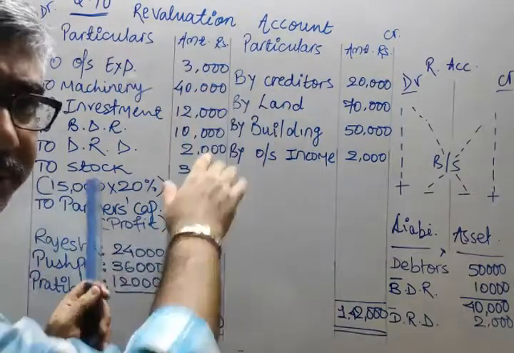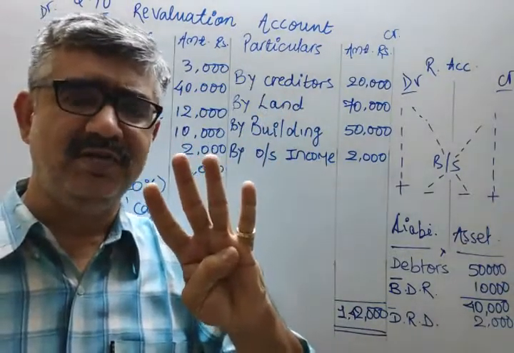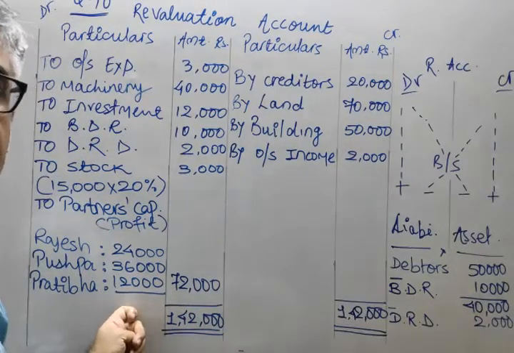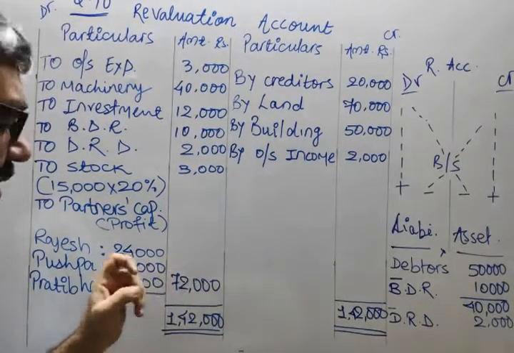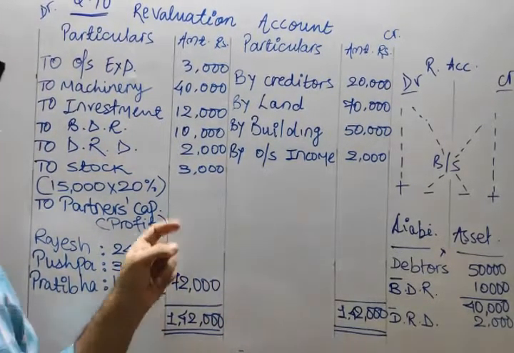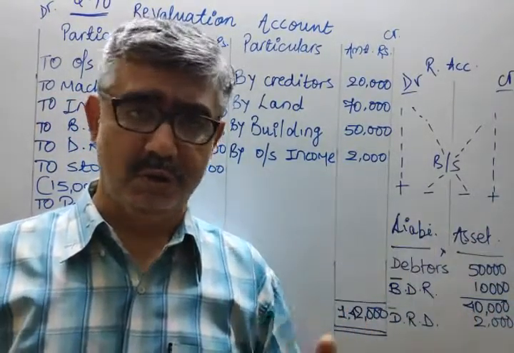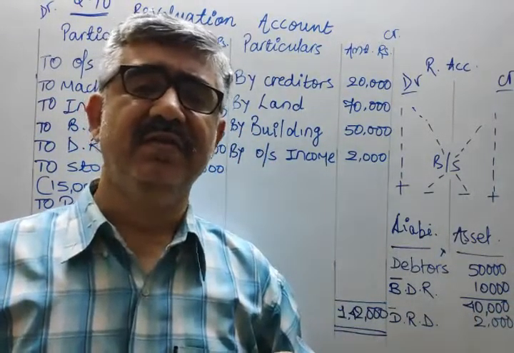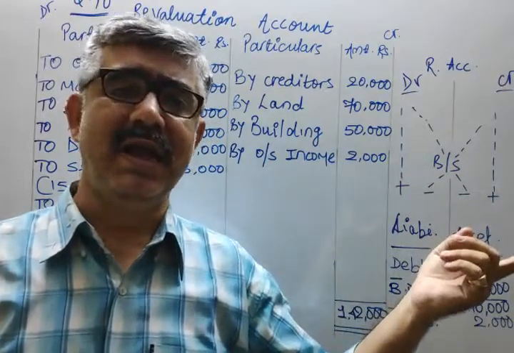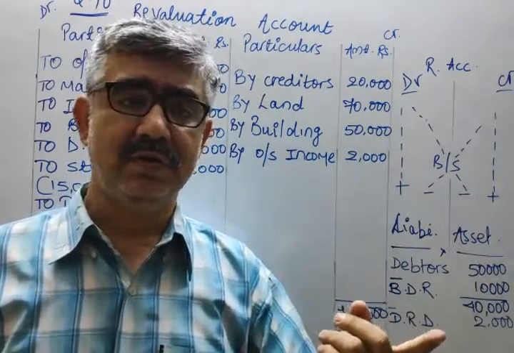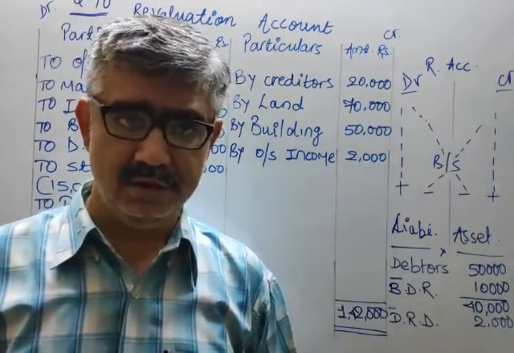First you have to draw this format. You have to draw all 4 formats, doing the total and getting the answer. Now this amount we are going to transfer to capital account. In capital account we are going to do the totals. The difference we may have to transfer in cash or in balance sheet. Then the balance sheet will get ready.